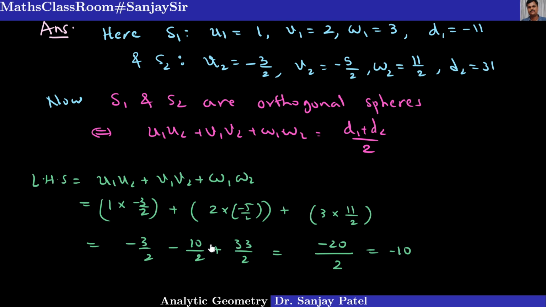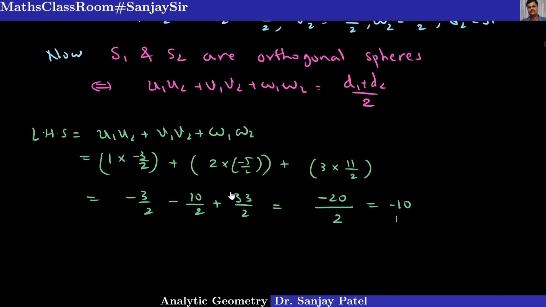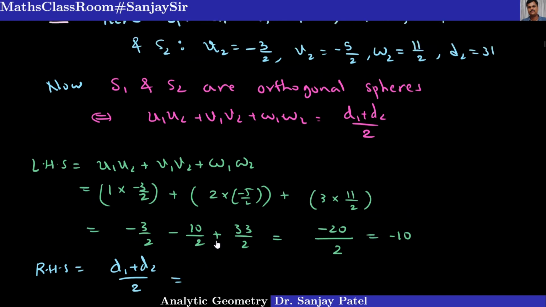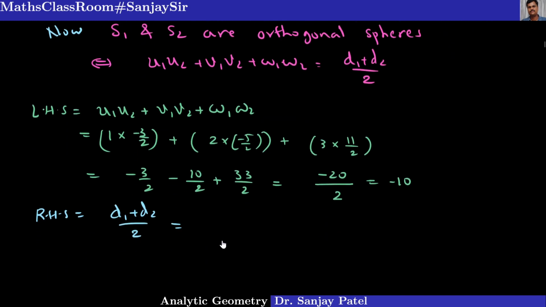Okay. And what about the RHS? RHS is simply D1 plus D2 by 2. The D1 and D2, let me check, what is it? Minus 11 and 31.